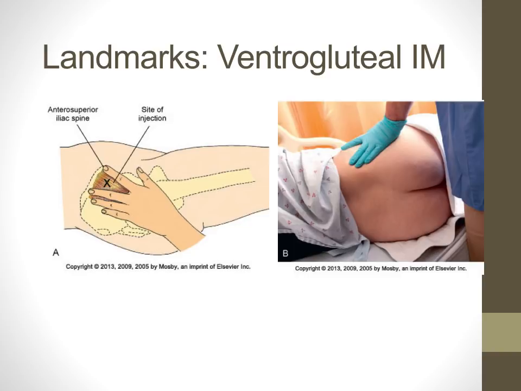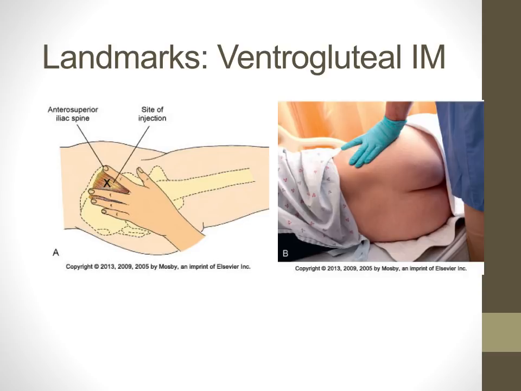You're going to place the palm of your hand over the greater trochanter. In order to locate the greater trochanter, the best way to do that is to have the patient abduct and adduct their leg. Some patients are not going to be able to do this, and that's okay. But you're going to locate the greater trochanter, put the palm of your hand on the greater trochanter.